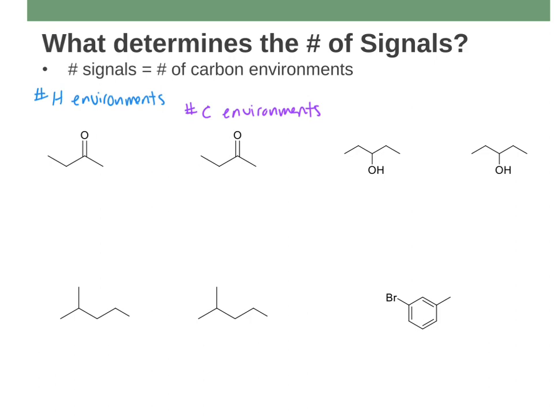So if I take a look at this molecule here, this ethyl methyl ketone or 2-butanone, we'd say that this has 1, 2, 3 hydrogen environments. I have the methyl out here, the CH2 here, and the methyl there. They're all different and unique from one another.